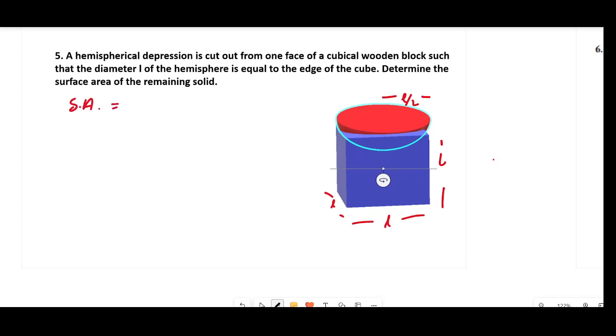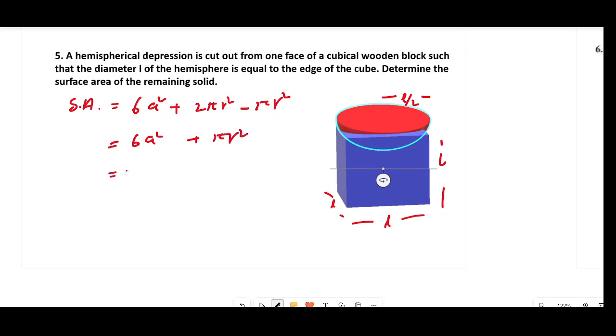Now what is the surface area of the remaining solid? First we should write 6a square, which is the area of the cube. Now here we are including this surface, but we will remove it. First 2 pi r square, which is the surface area of this hemisphere. Now remove pi r square first, then we will get 6a square plus pi r square.